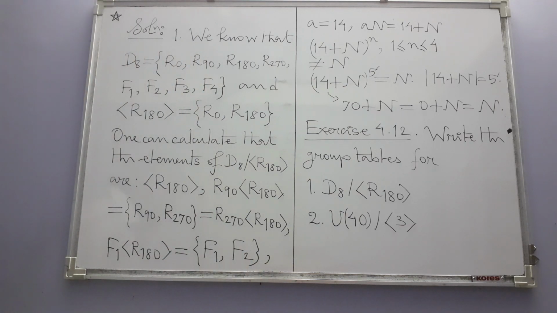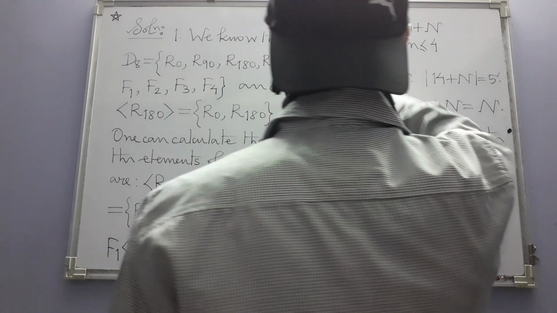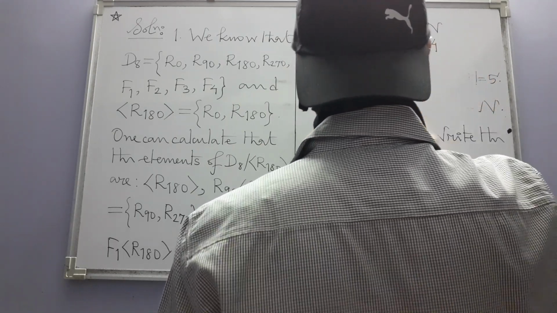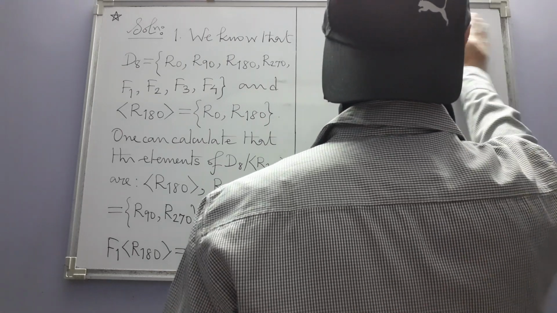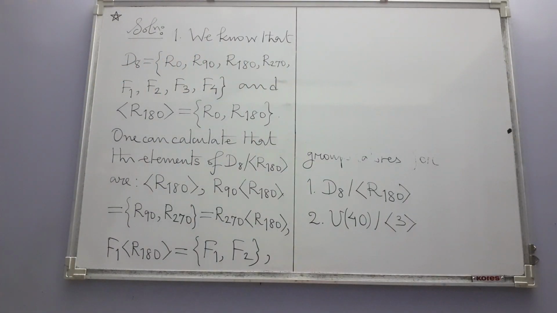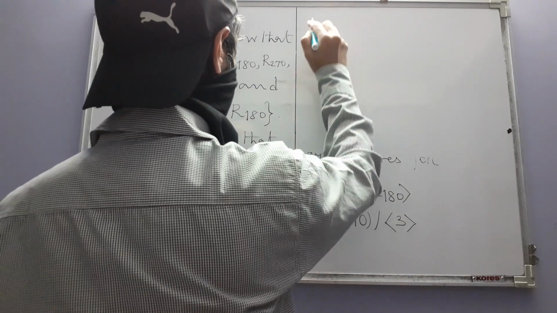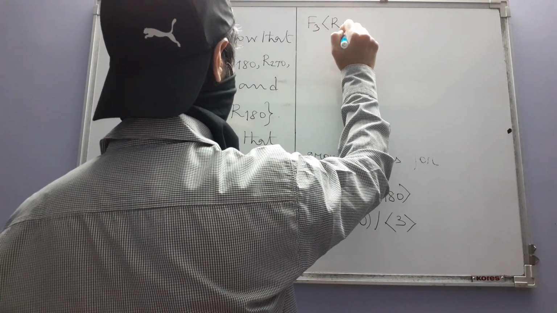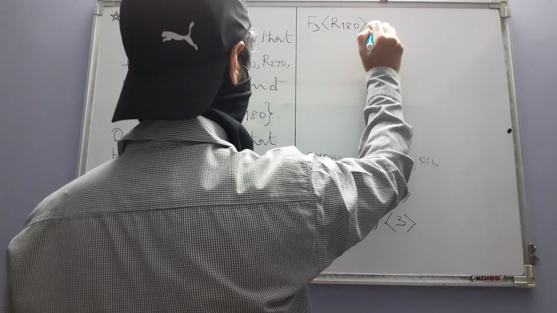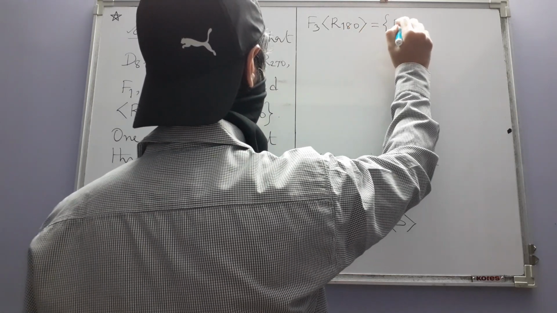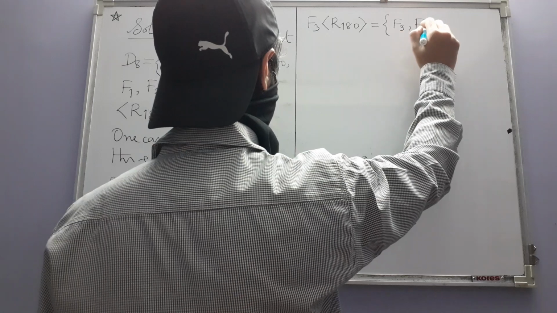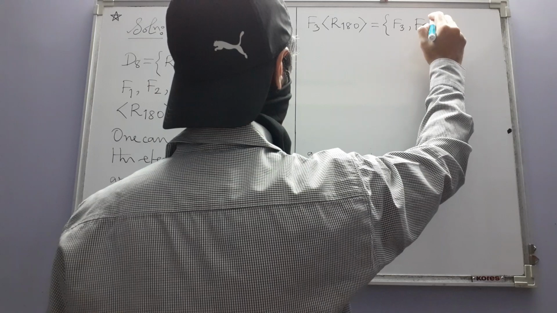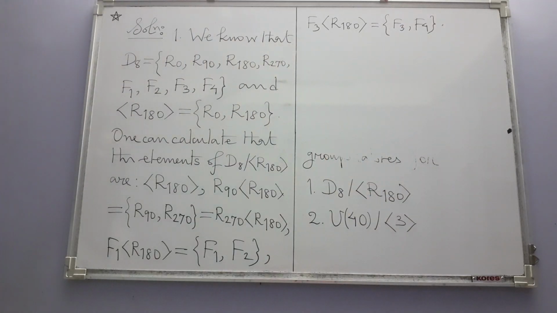And one more. And that other thing is F3 R180, which turns out to have these two reflections, F3 and F4.